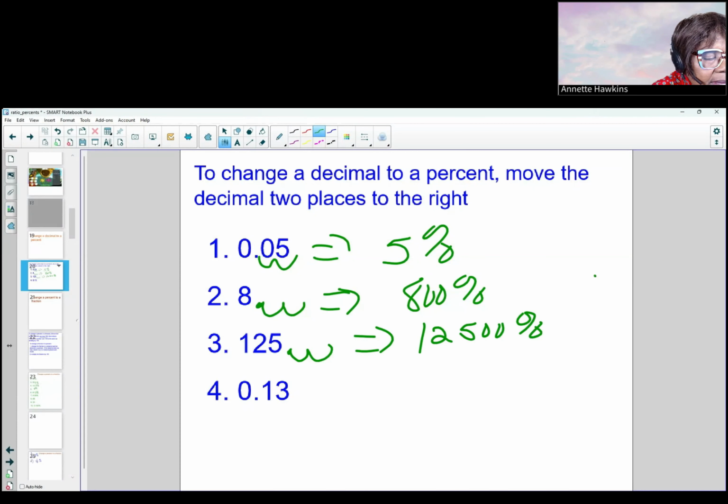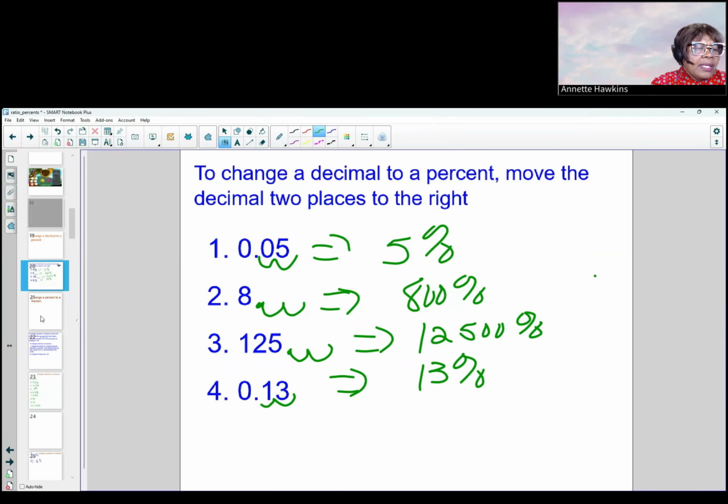Okay. 1, 2. 13%. So to change a decimal to a percent, move the decimal 2 places to the right. Okay, that's straightforward. So we've looked at changing a percent to a decimal and a decimal to a percent.